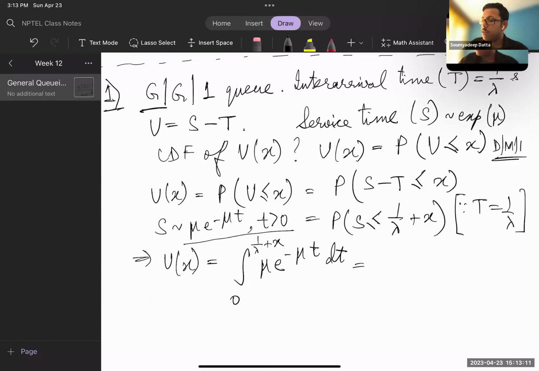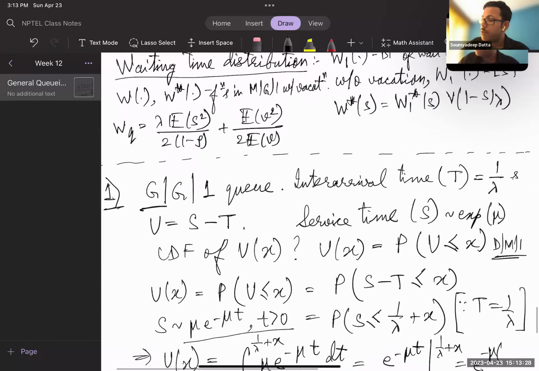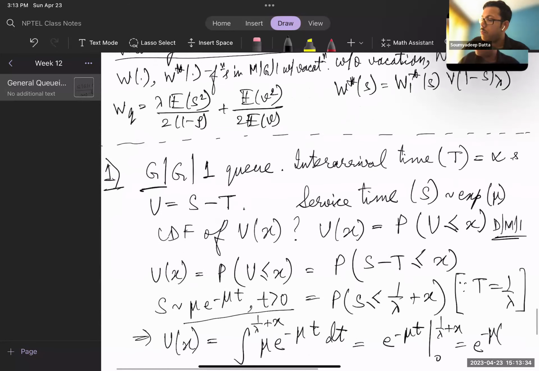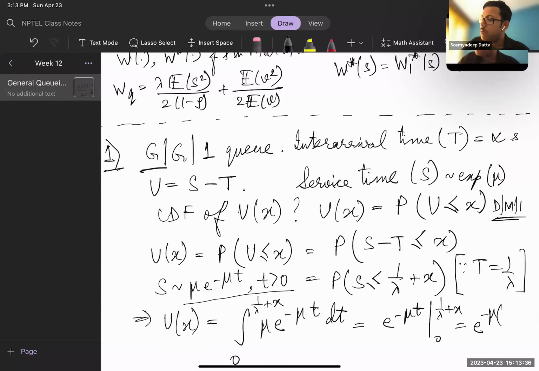Okay, so this integration is easy to do. This is e to the power minus mu t, right? From 1 by lambda plus x to 0. So then the answer becomes something like, if 1 by lambda is uncomfortable, I can change this to something like alpha. I don't mind, right? So alpha seconds. So then this will become alpha plus x, right?